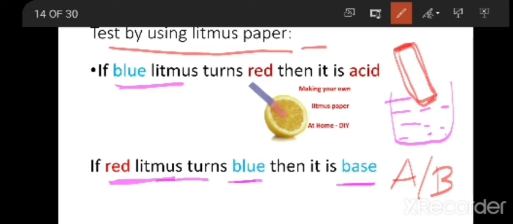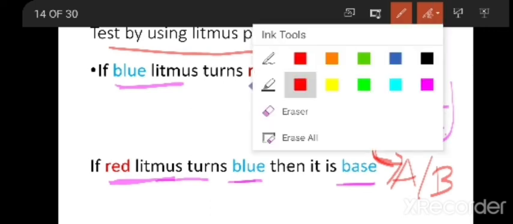It remained as it is. Then we can say this solution is acid. So, if red litmus turns blue when dipped into a solution, that solution will be a base. If red litmus paper remains as it is with no color change, then that solution will be acid.